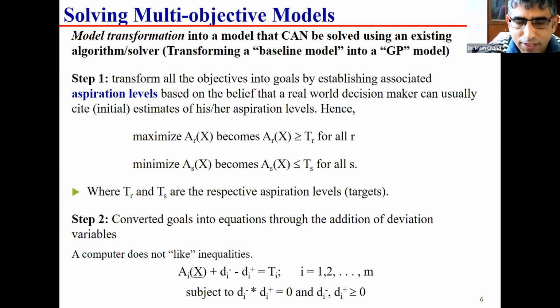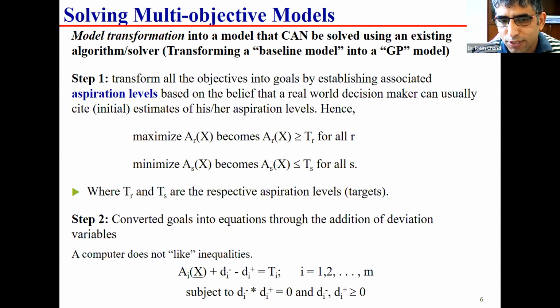Okay. Then we convert these goals into equations. As I said, we add deviation variables to the left hand side of the goal equations so that the equation is balanced.